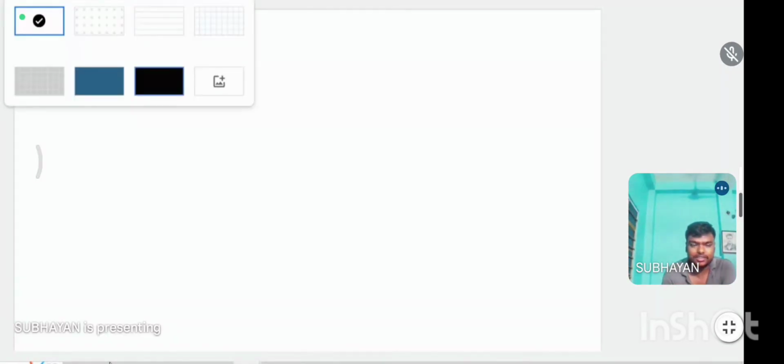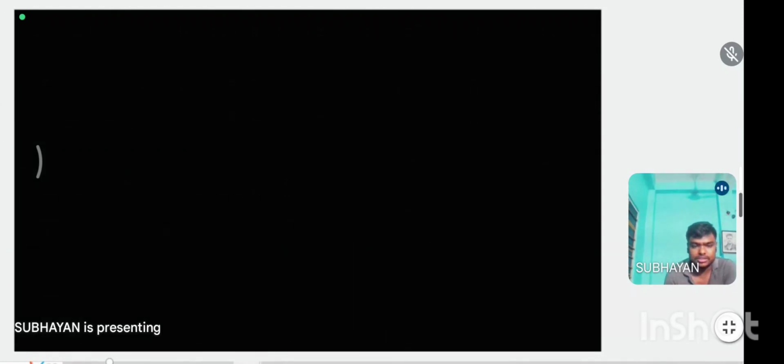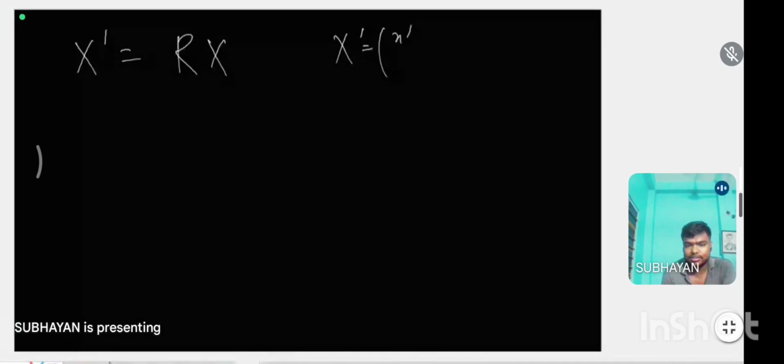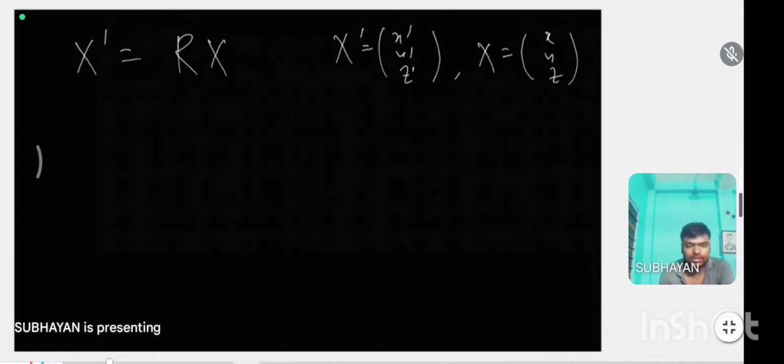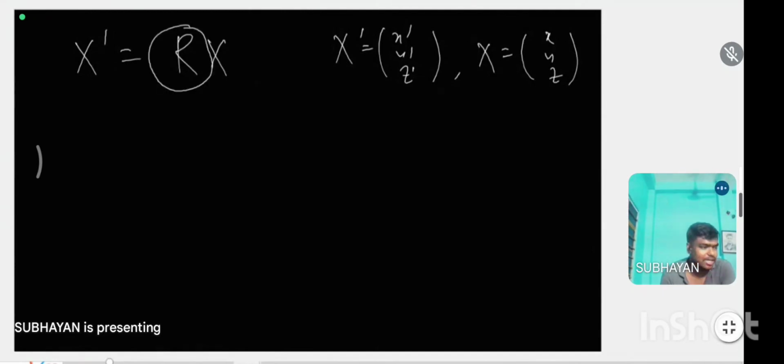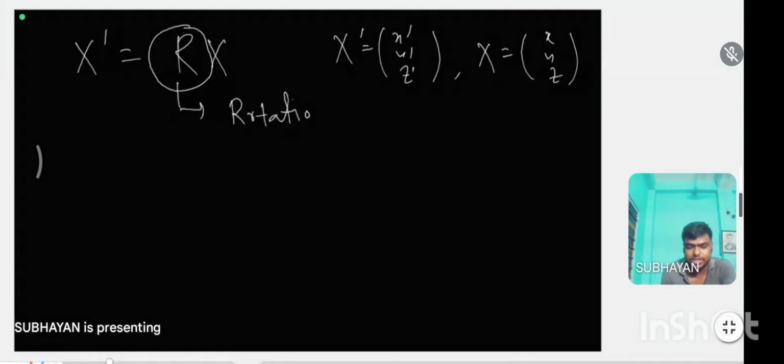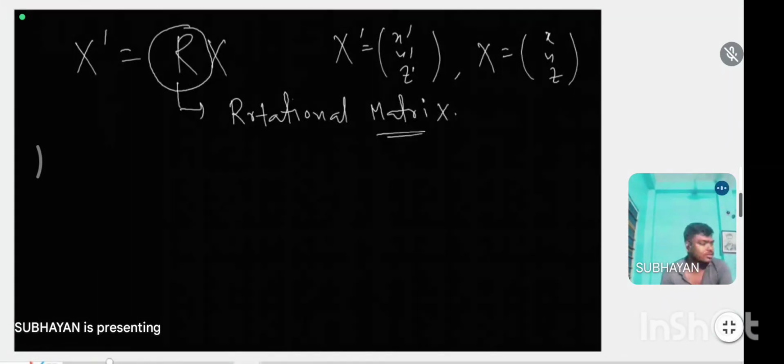So in general, you can write x prime equals R x, where x prime is x prime, y prime, z prime, and x is x, y, z. So this is the transformation relation, and this R is the transformation matrix in the general case. This is called the rotational matrix.